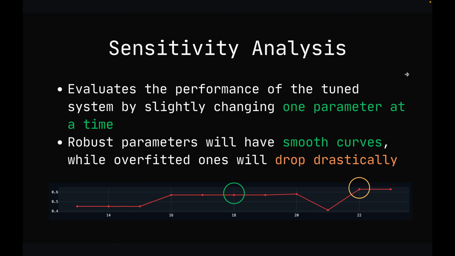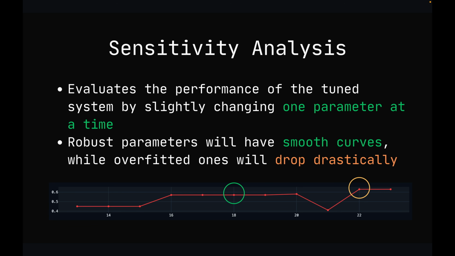That's why after you found a reasonable solution, you should test the sensitivity of your system with regard to the parameters. This is done by slightly changing each parameter one at a time, leaving the others untouched. And you will see that robust systems will have smooth and flat curves, while overfitted ones will drop from one step to the other.